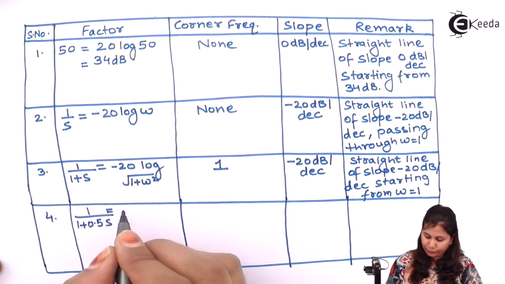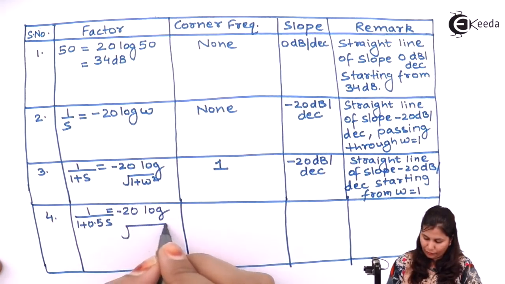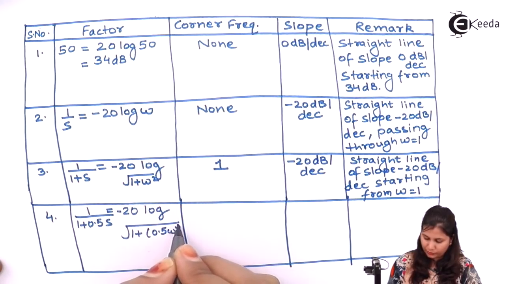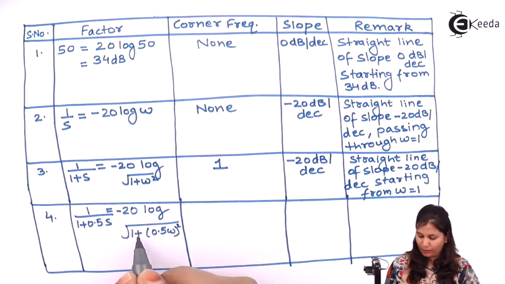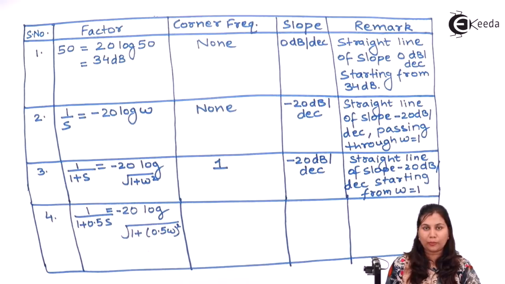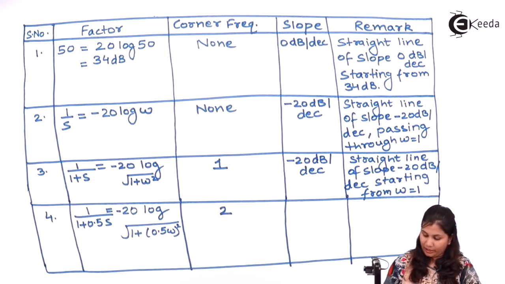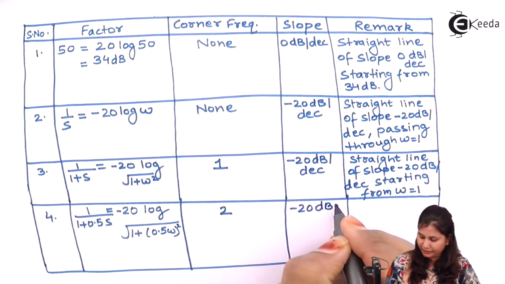So its magnitude will be minus 20 log under root of 1 plus 0.5 omega whole square. Okay, 1 plus 0.5 omega square. Corner frequency will be 1 upon 0.5, that is 2. Okay, and slope will be minus 20 dBs per decade.